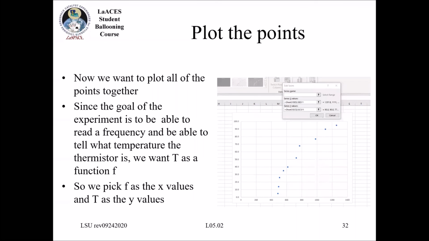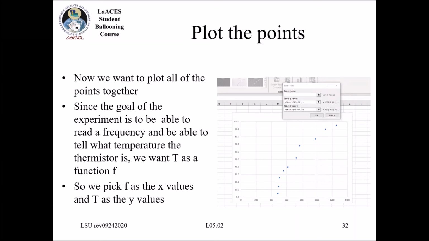So once we've done that, we want to plot all of the points. And usually for this sort of thing, you want to use a scatter plot. You can do this in Excel, but like I said before, there are many different pieces of software that you can use to make your graphs and do fits.